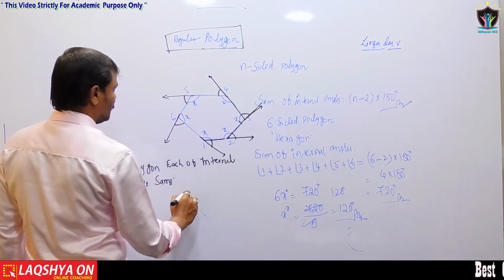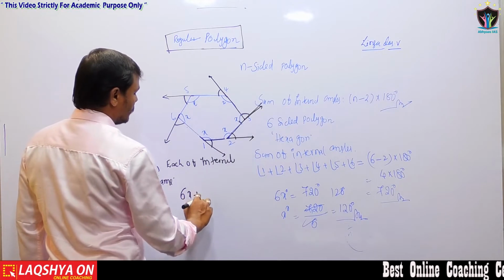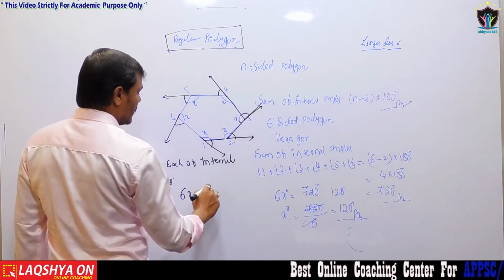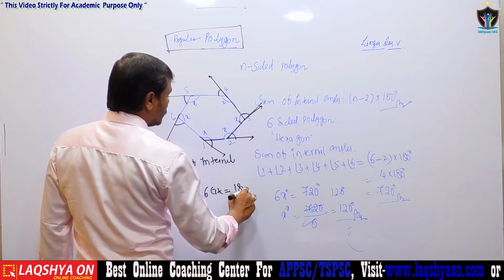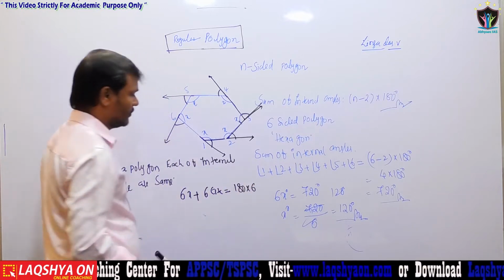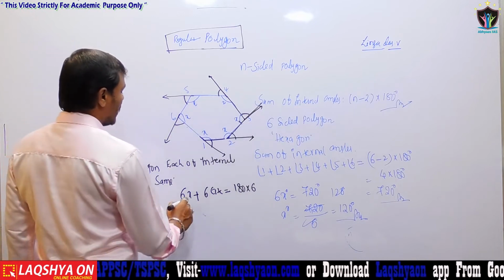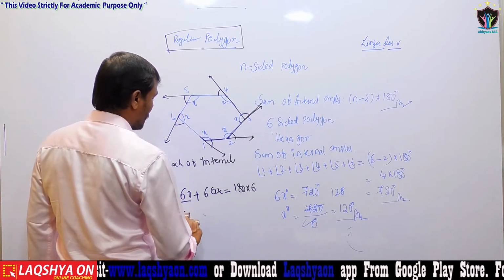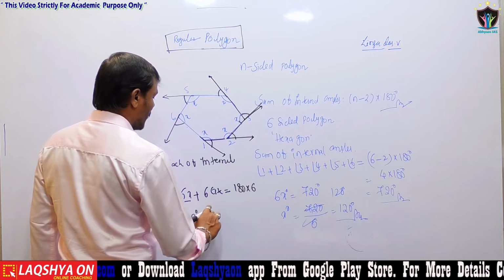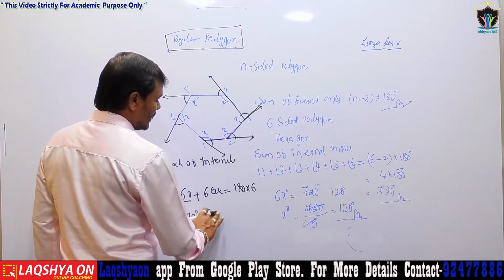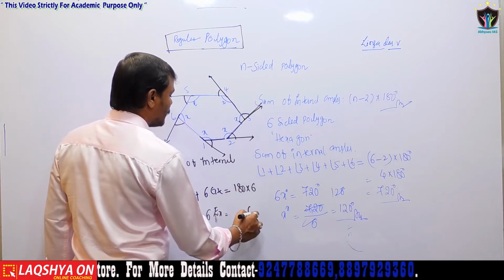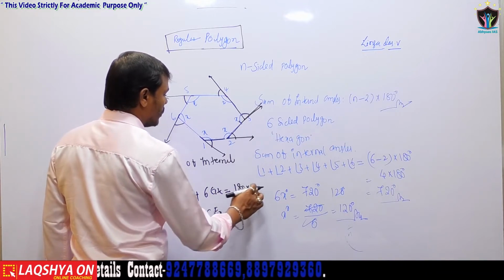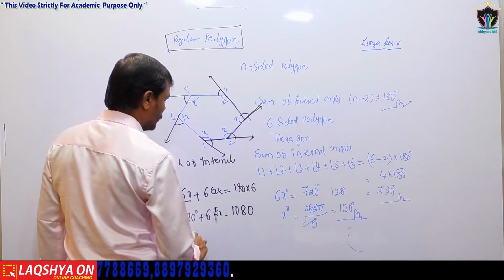So in total, 6x plus 6 exterior angles is equal to 180 into 6. 6x we already know is 720, plus 6 exterior angles is equal to 1080.